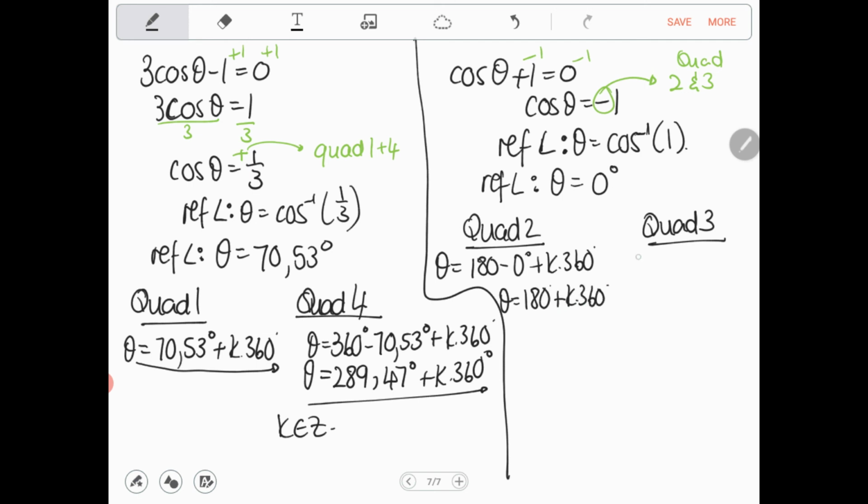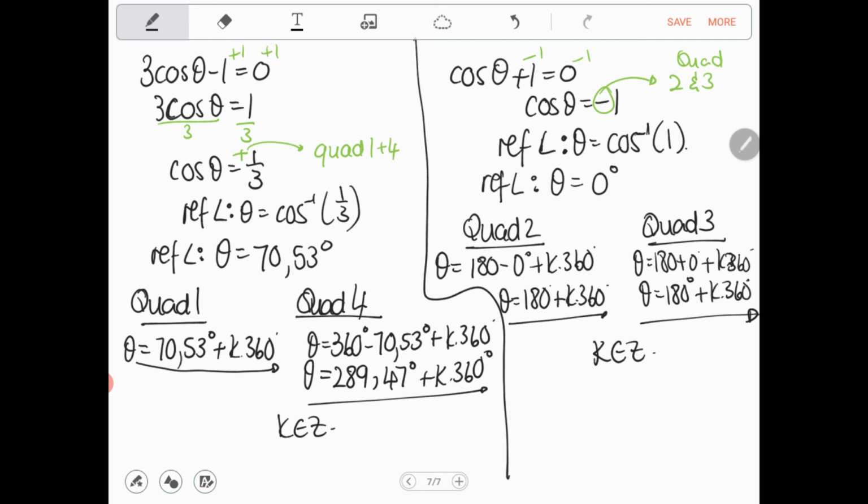And quadrant 3 is 180 plus your reference angle. Okay, in this one, you can actually see they turn into the same solution. They're both 180 plus k lots of 360. So if you wanted to, you could just leave the quadrant 2 solution and not worry about the quadrant 3, but there's no problem having both of them. So there we go. There's our 4 solutions to that equation.